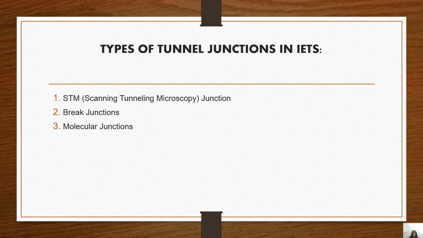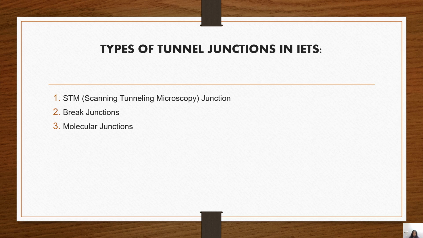The gap size can be controlled by finely adjusting the stretching. Now, this gap allows the electron to tunnel between the two ends, and the conductance of this junction can be measured as a function of the gap distance and the applied voltage.